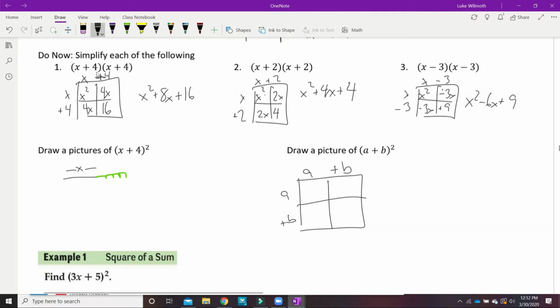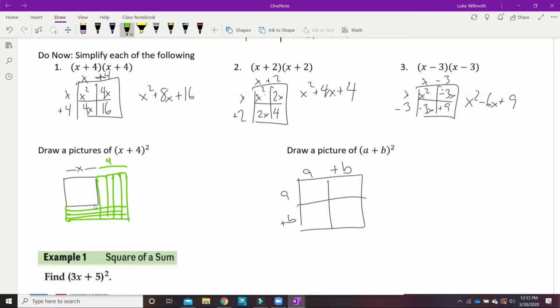If I multiply x plus 4 times x plus 4, 1, 2, 3, 4. If I actually draw what that looks like, it makes a square. So something like this. Okay.